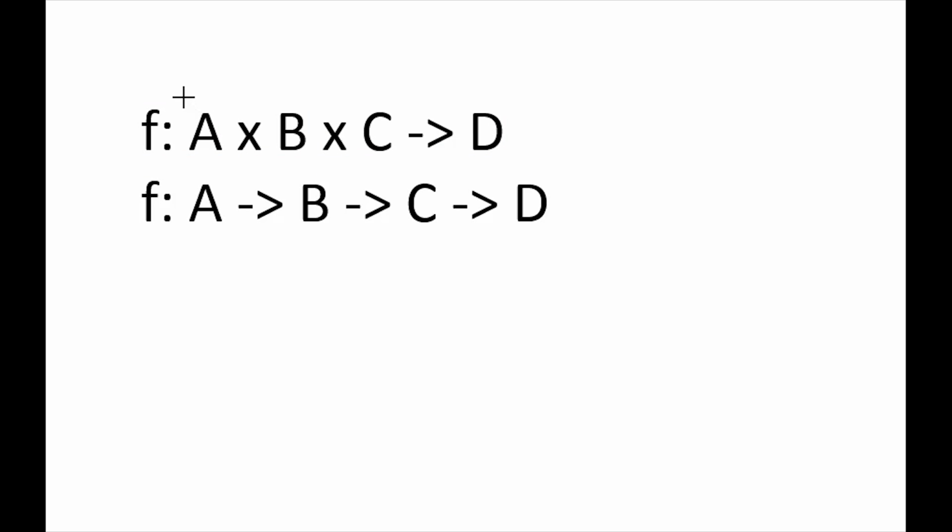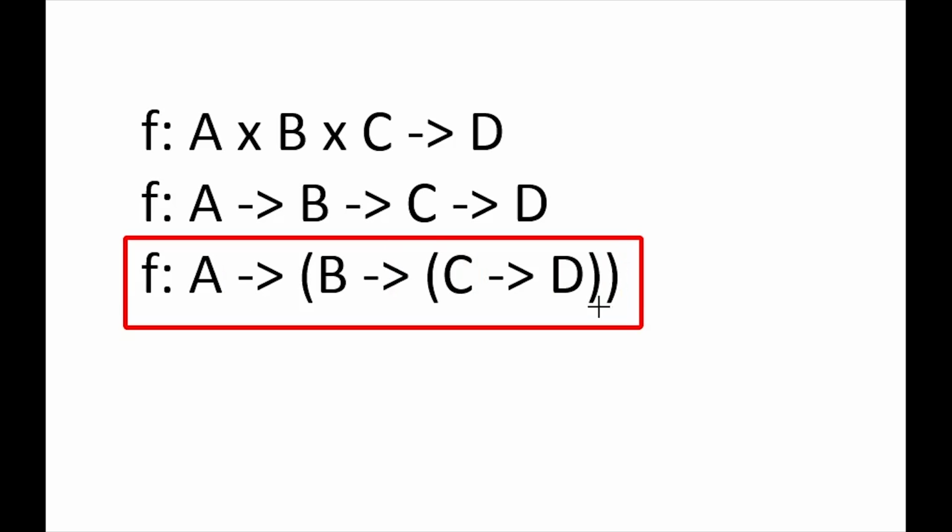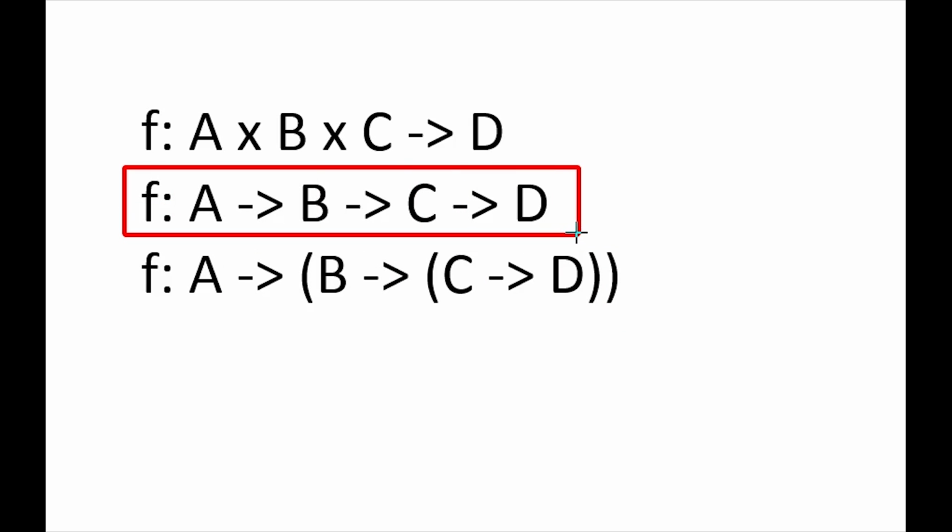So in the domain there is a cross product of a, b, and c, it takes three parameters, and the result is of type D. When we transition to a curried version, we are working with a signature like this. And the way to understand it is really to be right associative here. So this is the signature I mean when I write this.